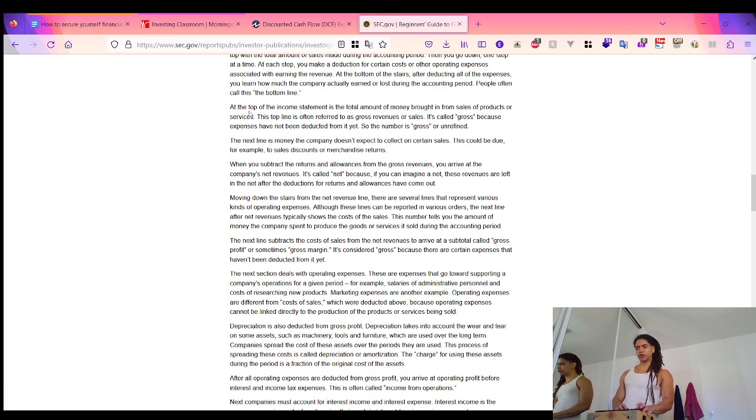At the top of the income statement is the total amount of money brought in from sales of products or services.